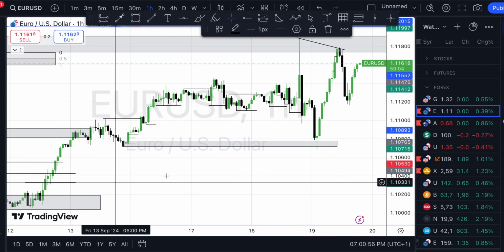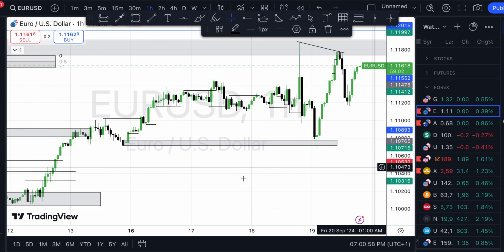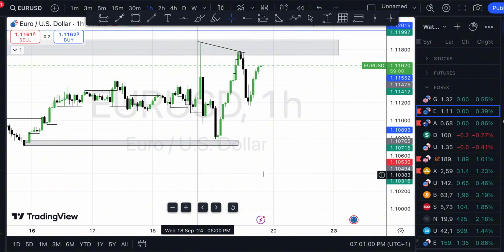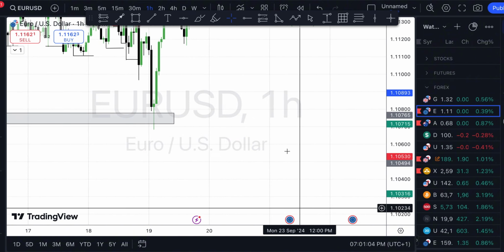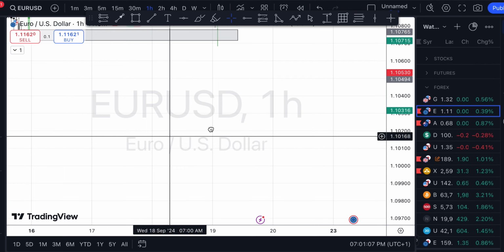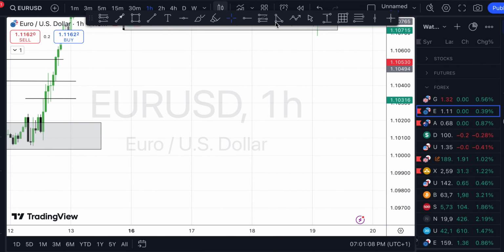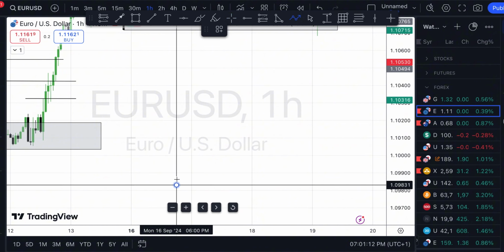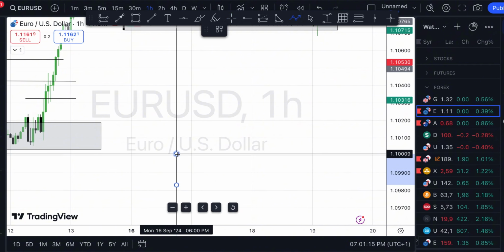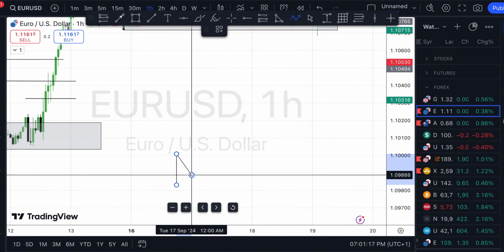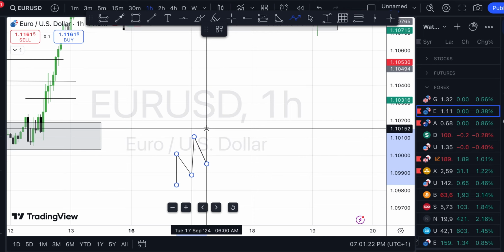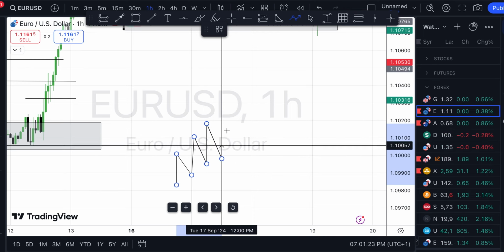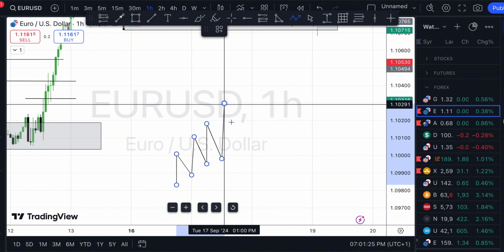So let me give you an example of an uptrend that wants to shift structure to the downside. So let's say price does something like this, it broke structure, it came down, broke structure, it came down. You know this is an uptrend.